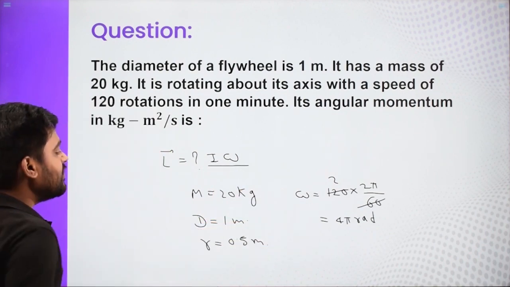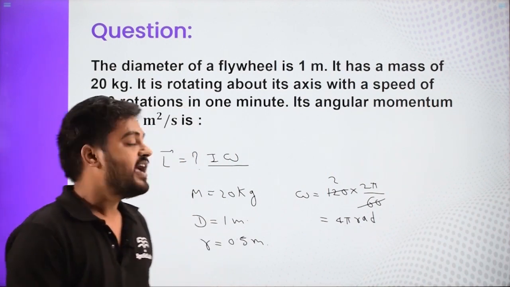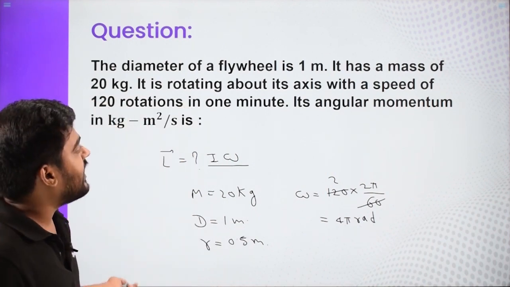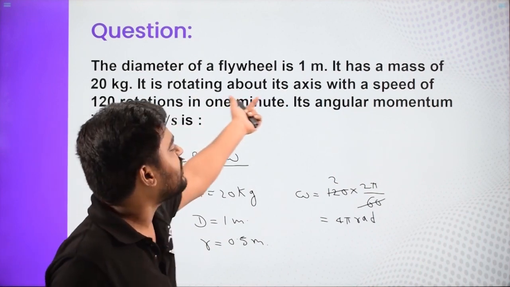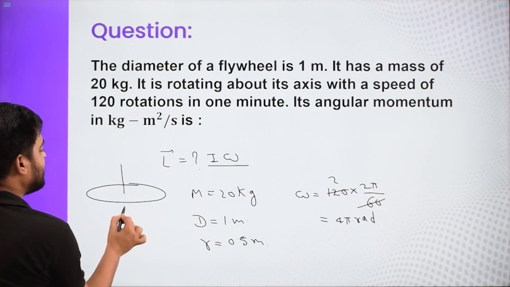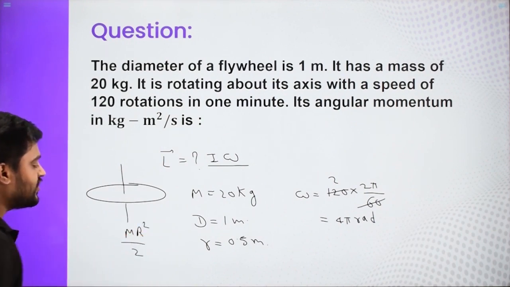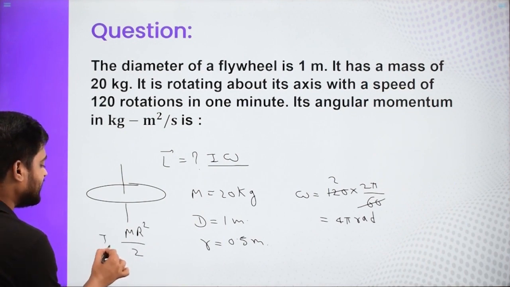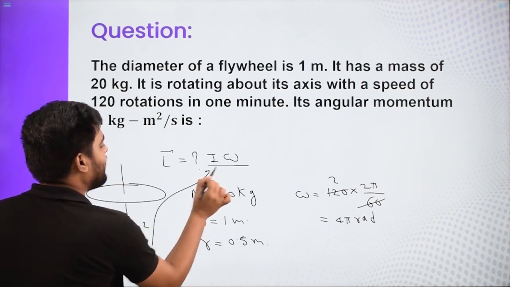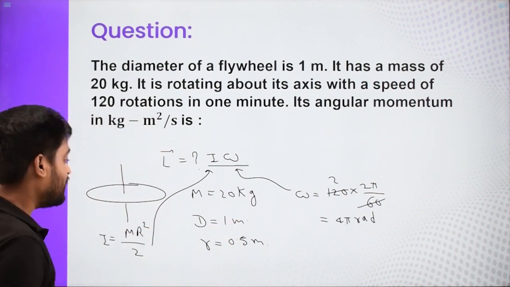What about I? This is a flywheel, which is a disc, rotating about its axis. About its axis, the disc moment of inertia is given by mr square by 2. So let us put this value of I and this omega value and get the answer.